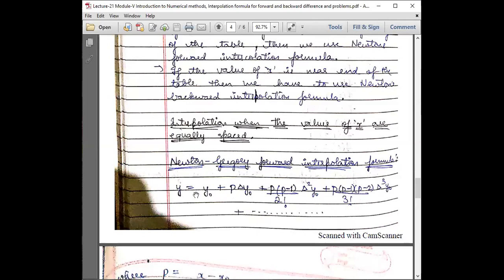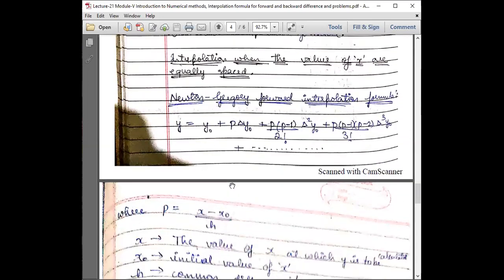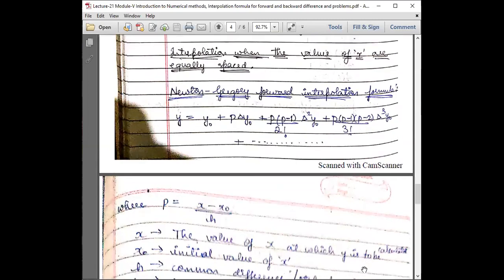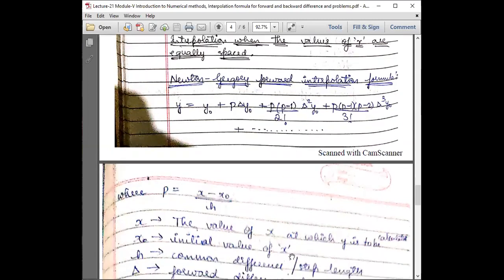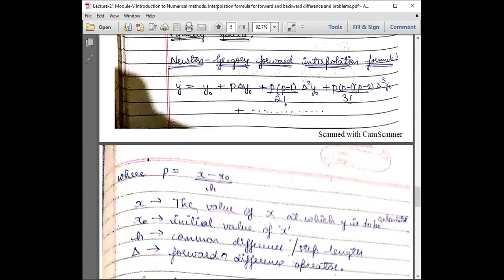Here the variables are y and p. So what is the meaning of p? Where p is equal to x minus x naught by h. Here x is the value of x at which y has to be calculated, and x naught is the initial value of x. h is the common difference or step length.